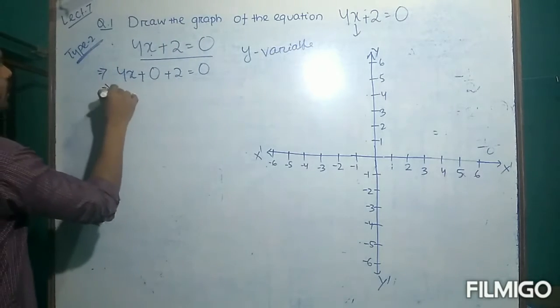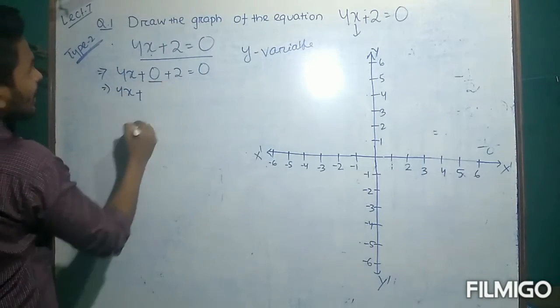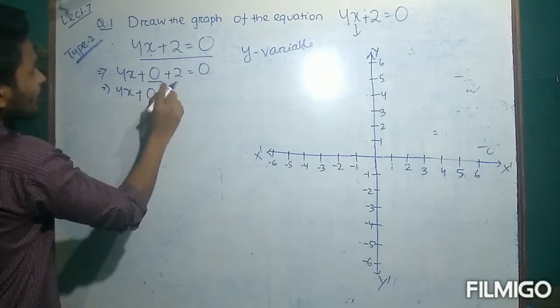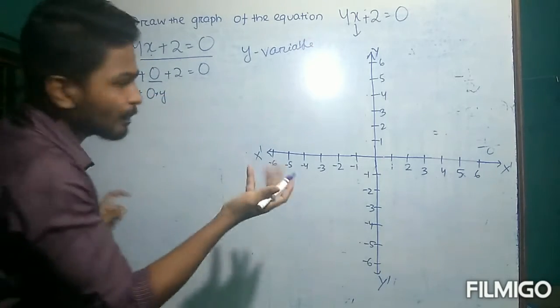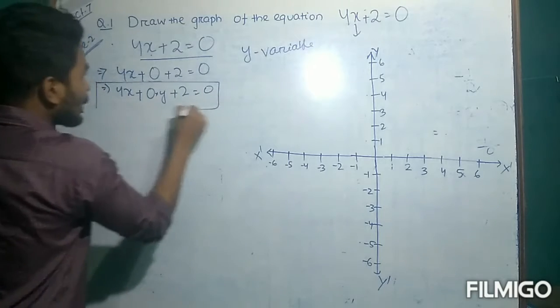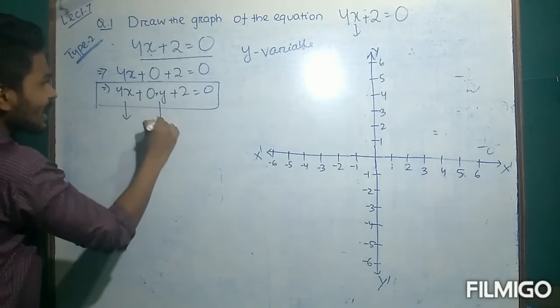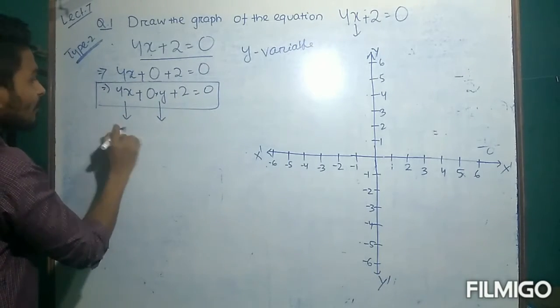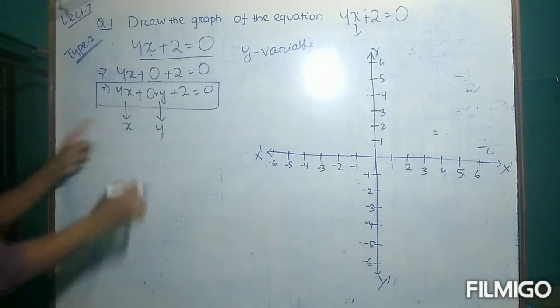So now the equation will be 4x plus, you can write 0 as 0 into y, because 0 into y is 0, plus 2 is equal to 0. Now you can see it is a linear equation in which variable? In two variables, x and y.